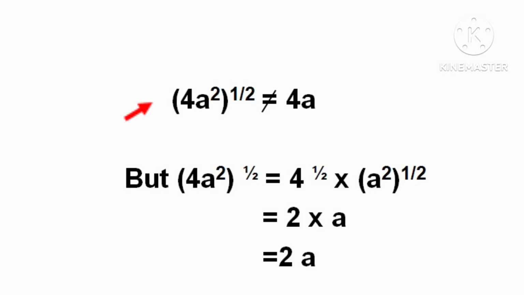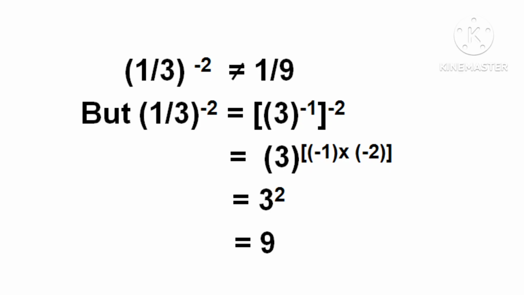That is 2 multiplied by a, equal to 2a. 1 upon 3 raised to minus 2 is not equal to 1 upon 9. But 1 upon 3 is equal to 3 raised to minus 1, and it is then raised to minus 2.